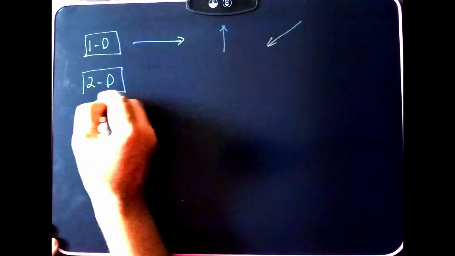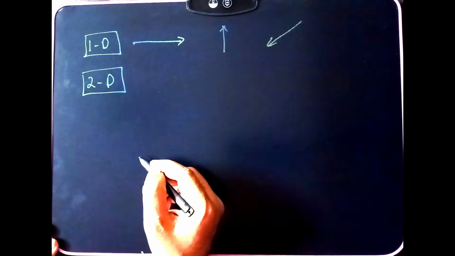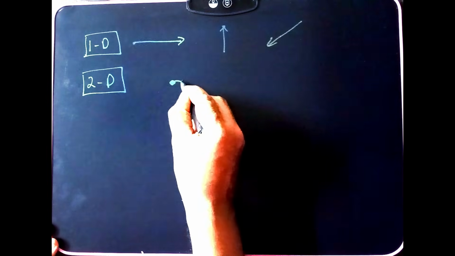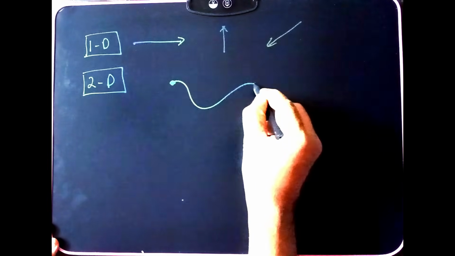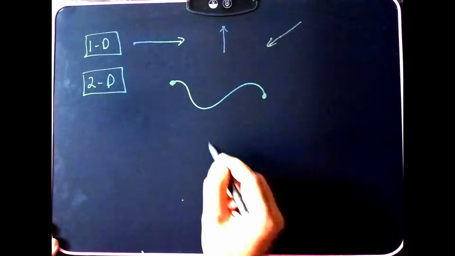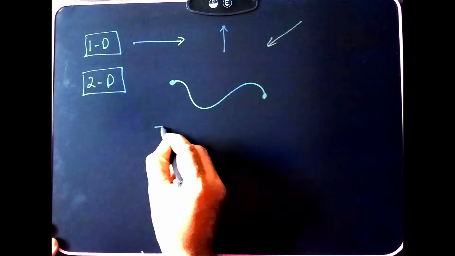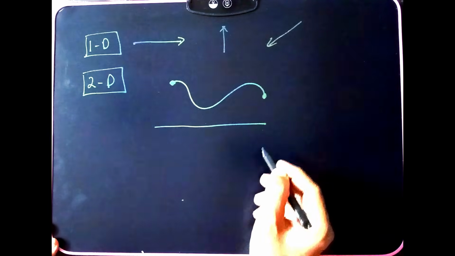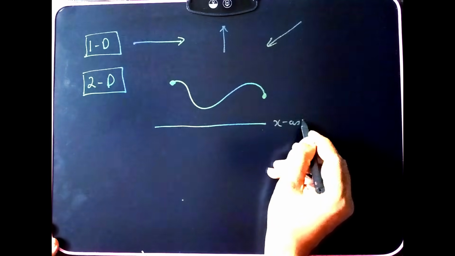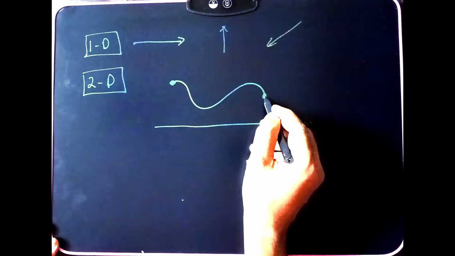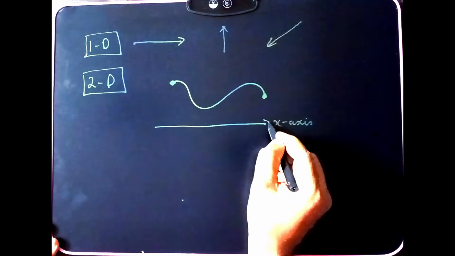Now, if I want to consider 2D motion, and I have a particle moving in this fashion, then it is obvious that I cannot represent the motion in a single axis. If this is the x-axis, I will not be able to represent the motion of this particle only along the x-axis.